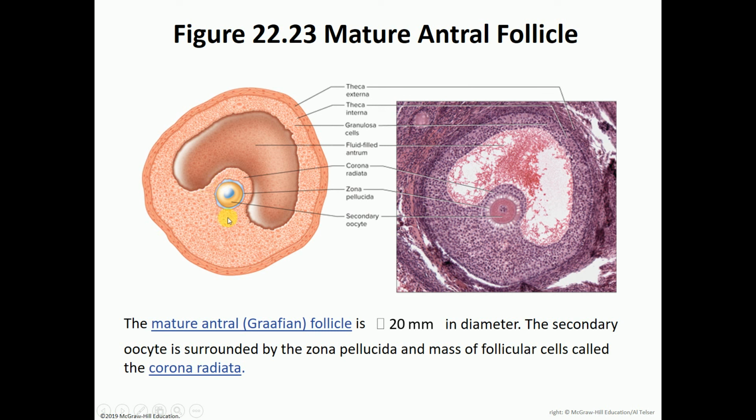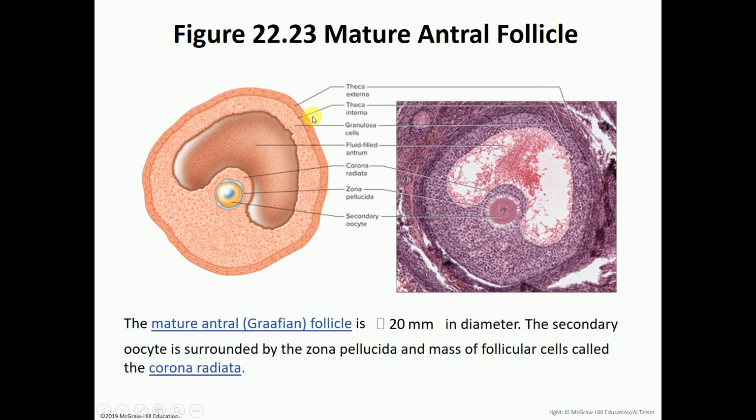Then you have a whole bunch of follicular cells that surround this structure as a crown, and it is known as the corona radiata. There's an antrum full of fluid, and then there's all of these cells. So these thicker cells are known as the theca externa on the outside.